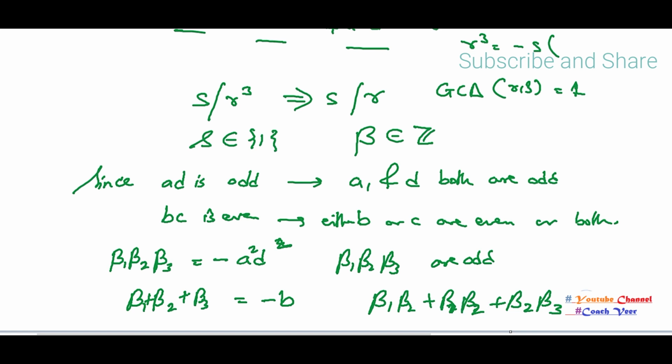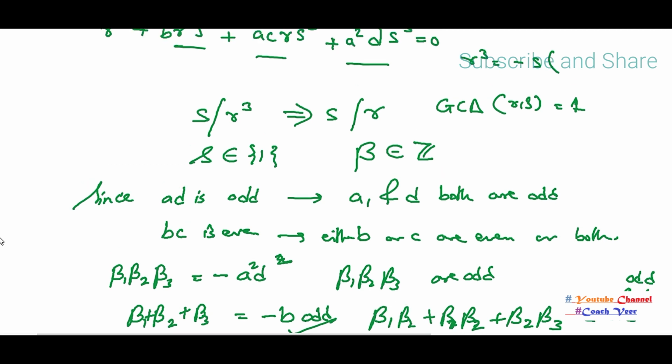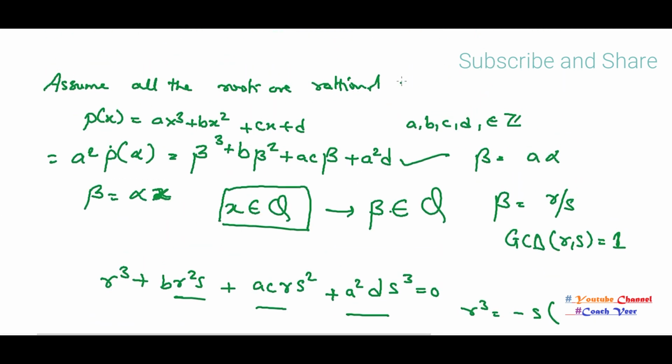Okay, that is equal to ac, and both b and ac must be in this condition. Odd is odd, so we are getting it as odd. Odd is again getting us as odd, correct? So we get a contradiction again. Hence our roots are not rational. One of the roots must be irrational. That is how we prove it.